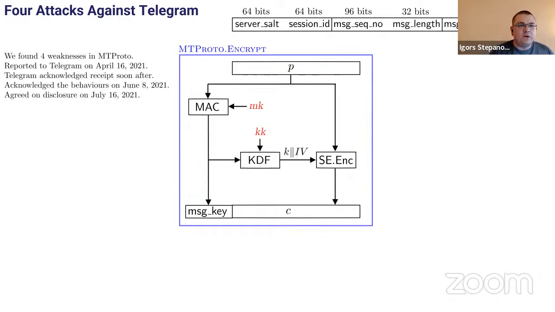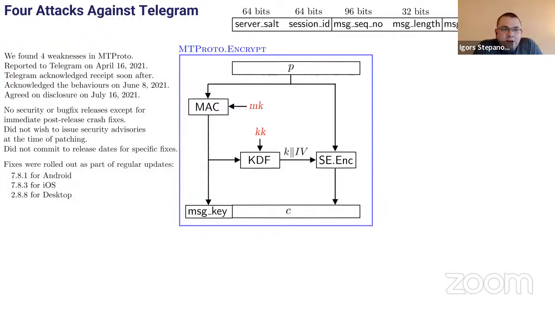So we found 4 weaknesses in MTProto, and we reported them to Telegram on April 16, 2021. Telegram acknowledged this soon after, and they acknowledged the behaviors on June 8, 2021. We agreed disclosure on July 16, 2021.